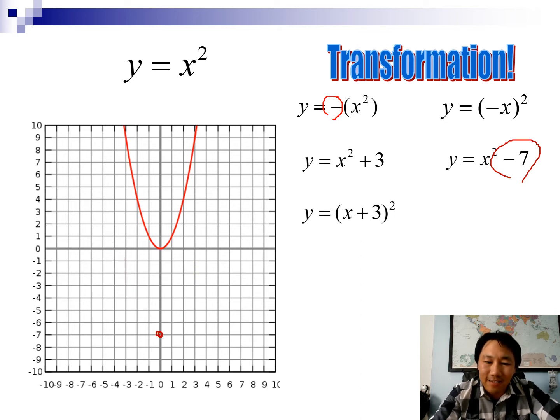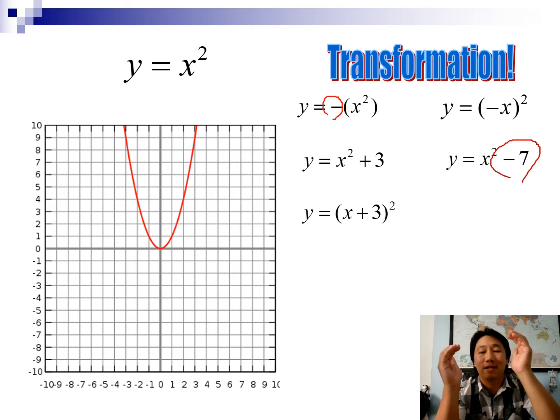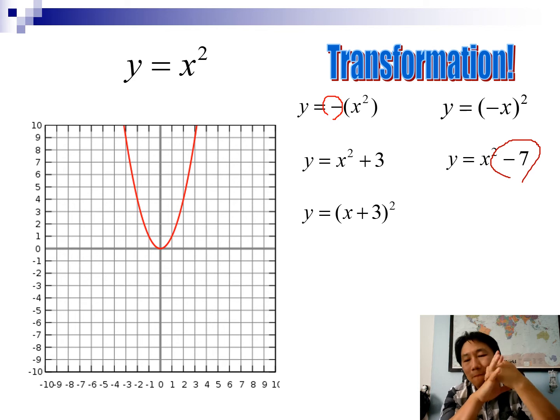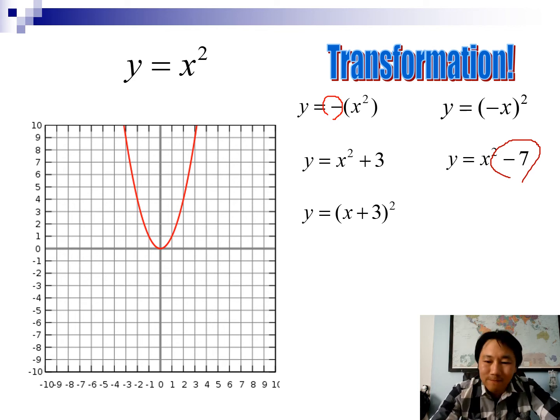Let's take a look at this. What happens when I put the +3 inside the parentheses? Hopefully you guessed that it shifts to the right or to the left, and that is going to be correct. In this case, that +3 in the parentheses shifts it to the left 3 units.